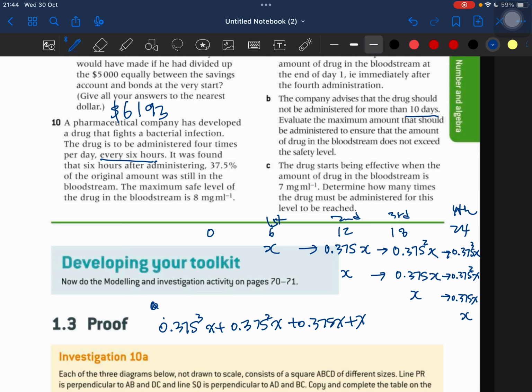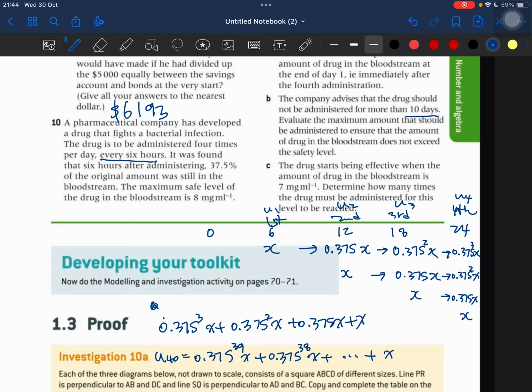So this is U1, U2, U3, U4. We are dealing with U40. From the pattern, U40 may have 0.375 to the 39 x plus 0.375 to the 38 x plus and so on plus x.